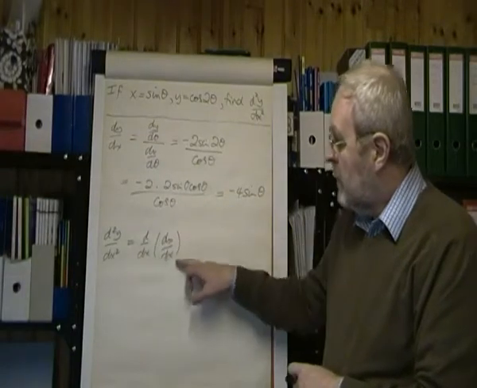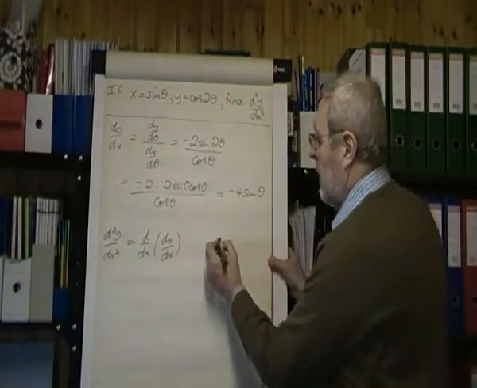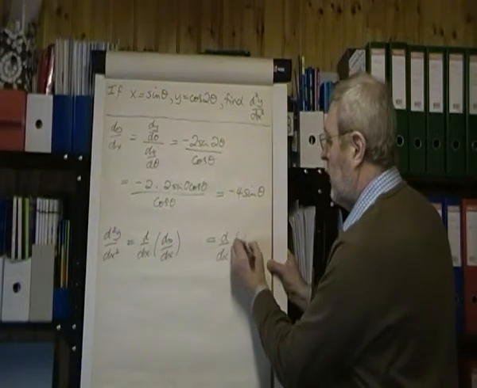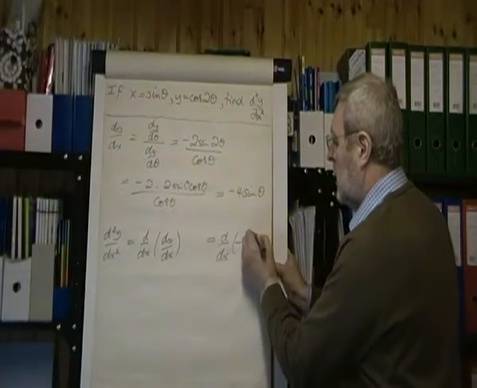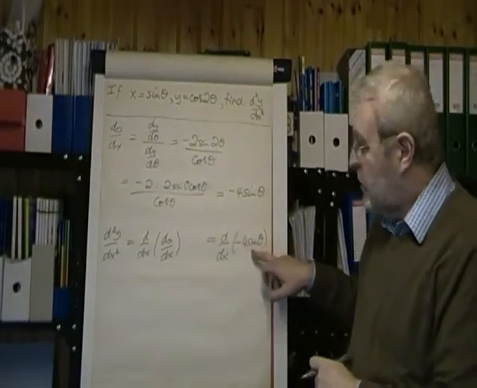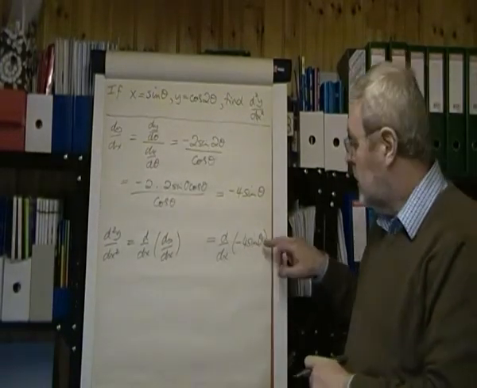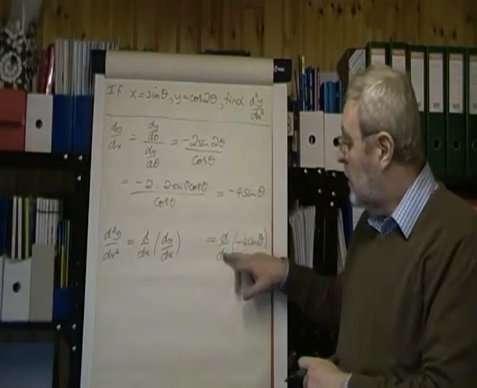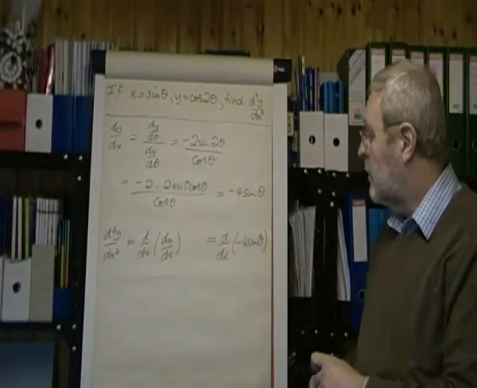So when I'm going to try and differentiate this function of the parameter θ, here d/dx of minus 4 sin θ, I have to do this implicitly because this is not a function of x, and therefore I have to differentiate with respect to x.